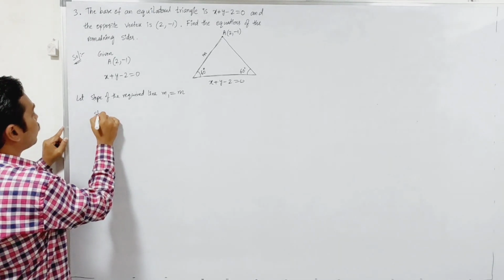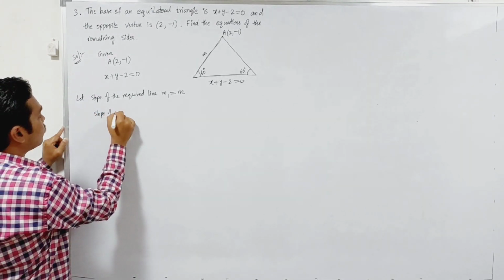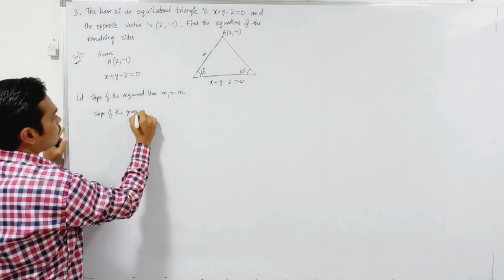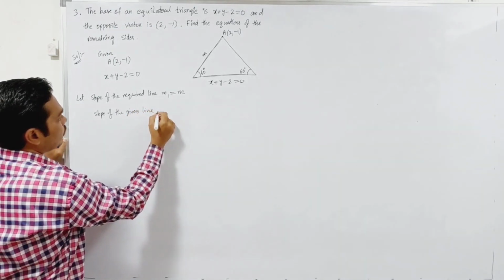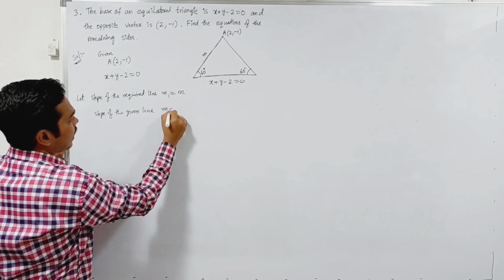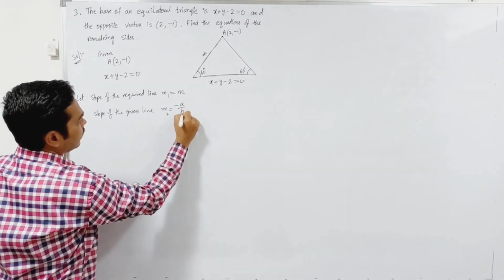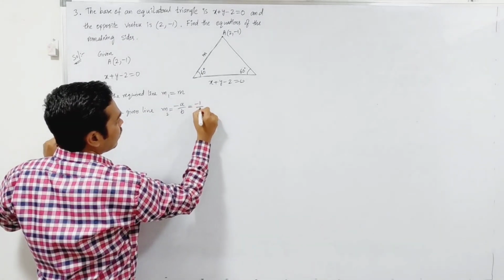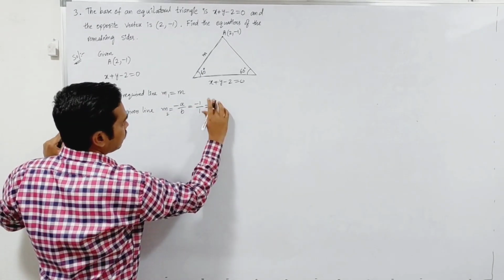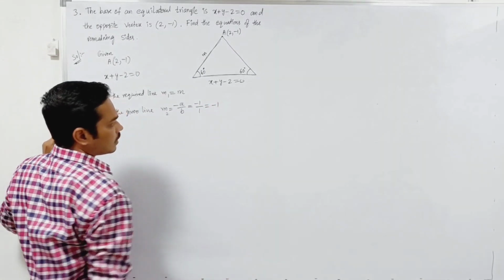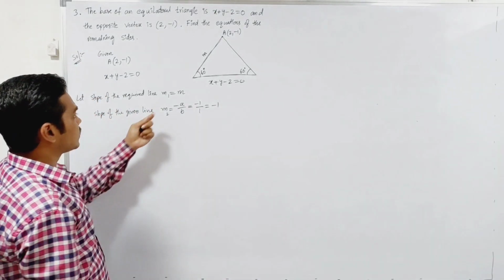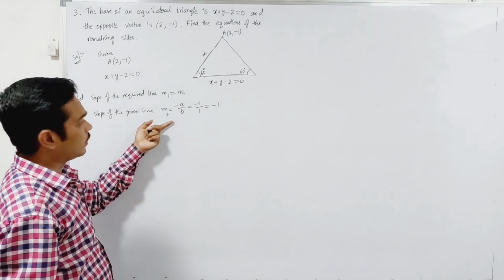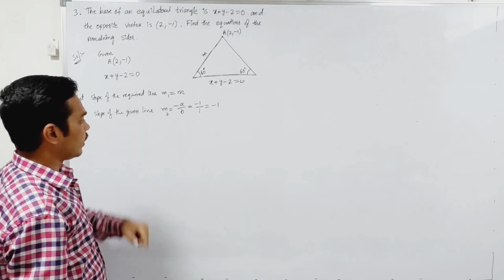What is the slope of the given line? The given line is nothing but the base. The slope of the base, m2, is equal to -a/b, minus x coefficient by y coefficient, meaning -1/1, that is equal to -1. This is the slope of the required line, m1, and this is the slope of the given line, m2.